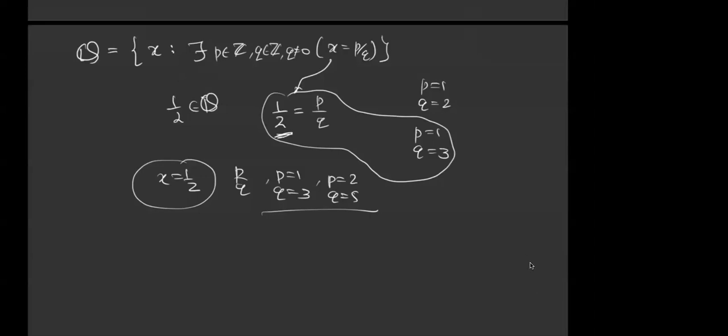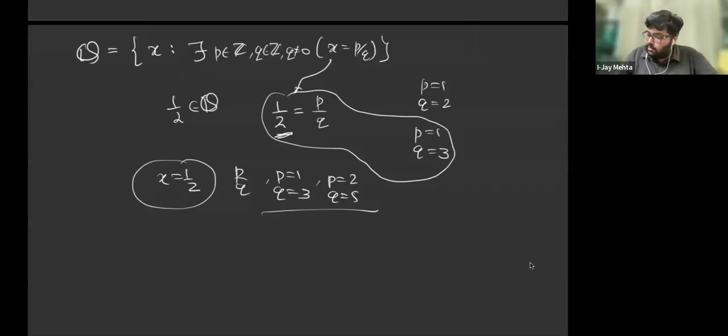So what she meant was either write like this or write P by Q such that P is in Z, Q is in Z, and Q is non-zero. But when we are saying that X is of the form P by Q, then it means for some P and Q. We cannot write all P and Q as one element, right?